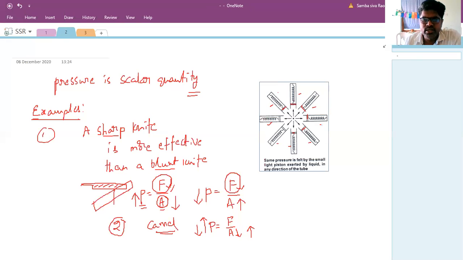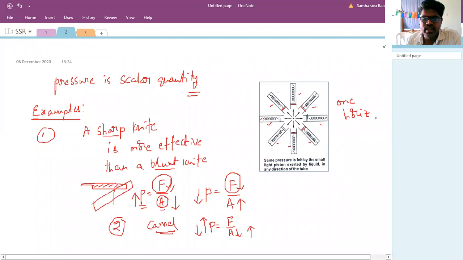From this you can understand that the compressive force given by the liquid at this central point is the same in all directions at one horizontal level. This is a theoretical understanding of how the force acts equally at the same horizontal level. The compression of all the springs is the same, so the same force is acting by the liquid or a gas. So at the same horizontal level, the pressure will be the same. Are you clear on this point?